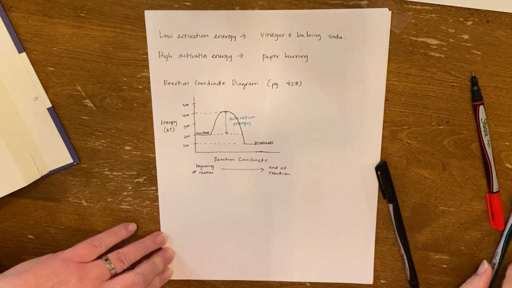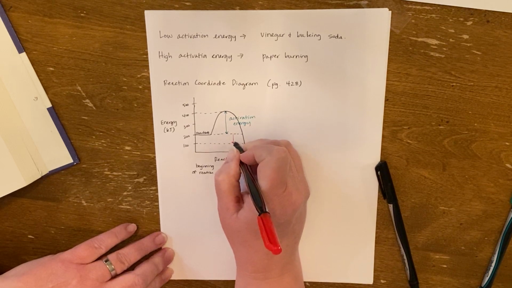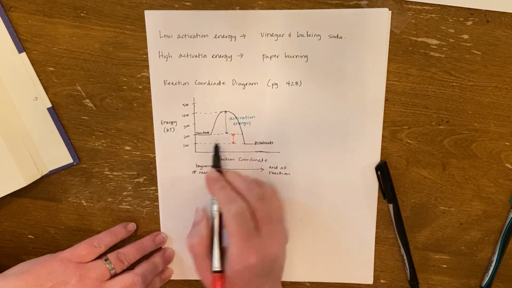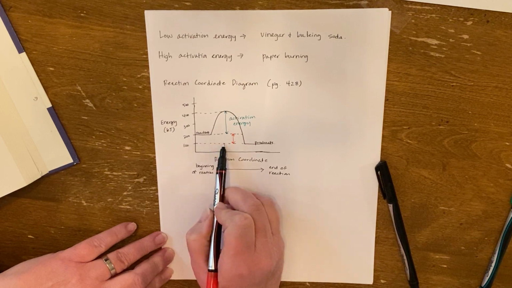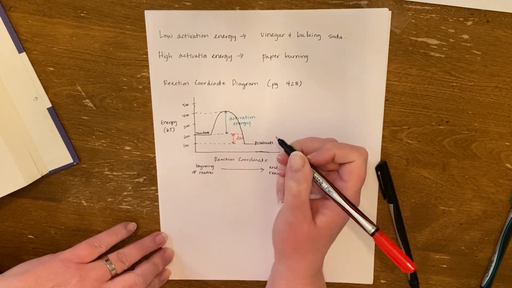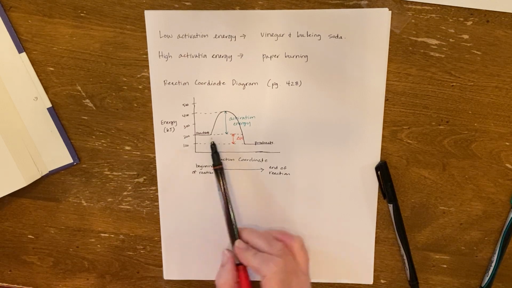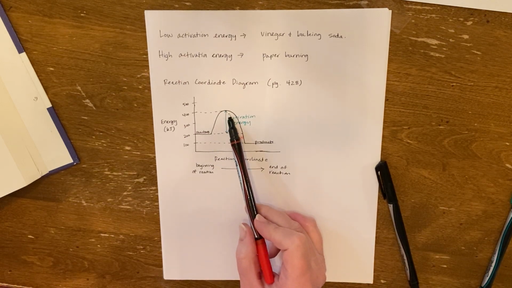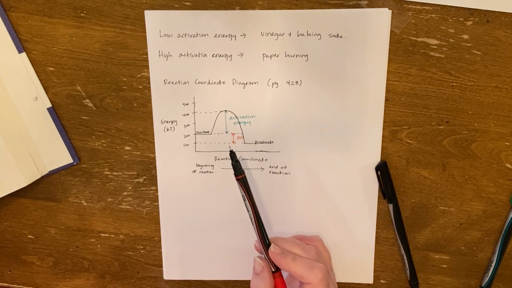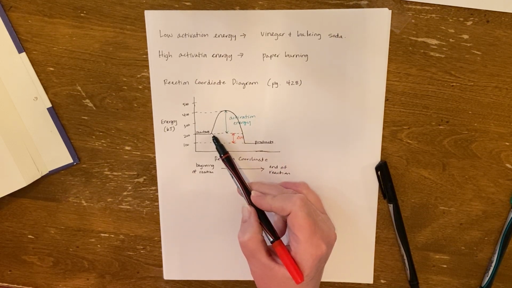And then this difference here, the energy difference between the reactants and the products, represents our change, our delta H. So the activation energy is this hill. In order for the reactants to react, energy has to be supplied.